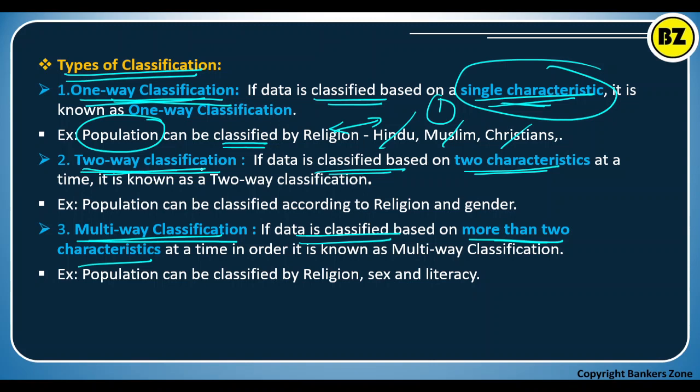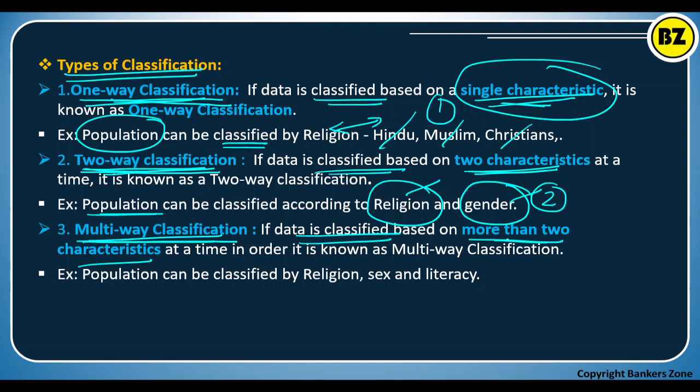Now two-way classification means two characteristics you are using. For example, the population is divided according to religion as well as gender. You may be Hindu, Muslim, Christian or other, and you may be male, female or other. So when data is divided based on two characteristics, it is two-way classification.